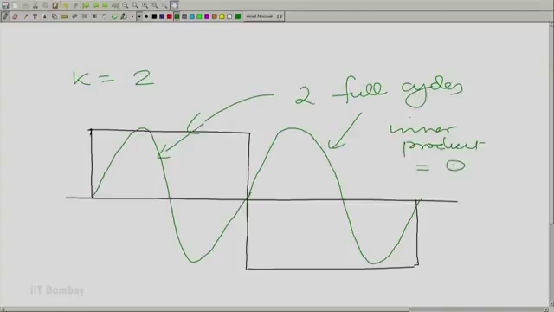Why is this true? Because you can see that in each individual half cycle, an entire cycle of the sinusoid has been integrated out. In fact, you can see this will happen for all even values of k. You are going to have a 0 integral because each half cycle is going to integrate out complete cycles.